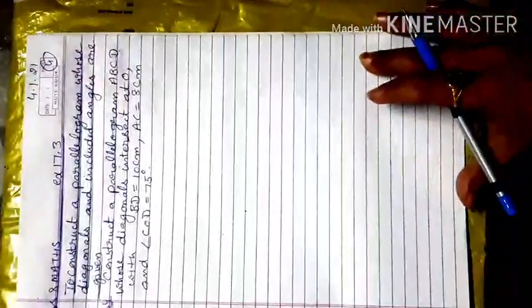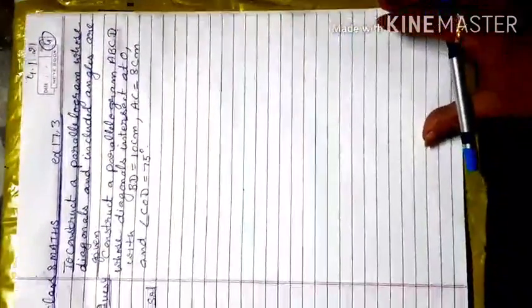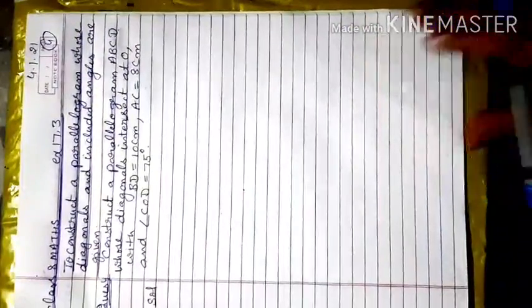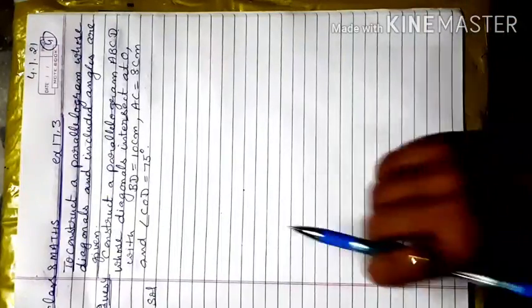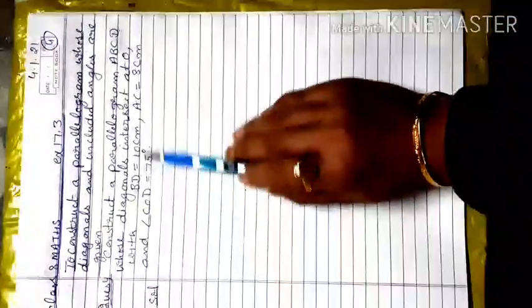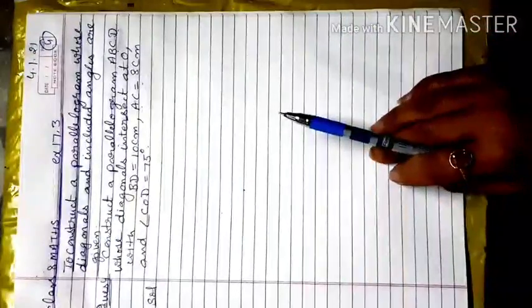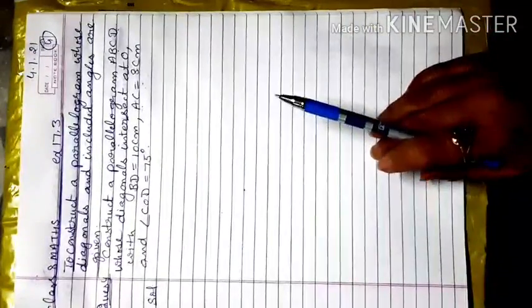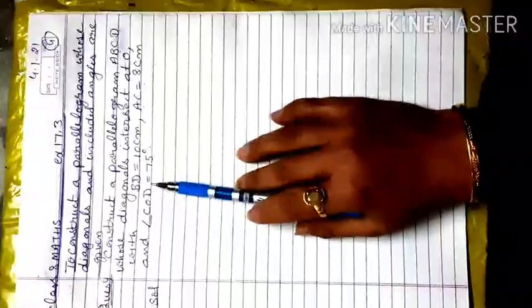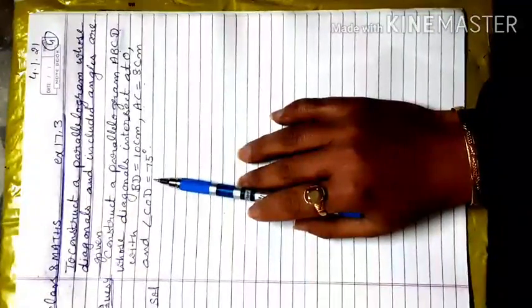Now next is to construct a parallelogram whose diagonals and including angle are given. If two diagonals are given, if you look at this BD and EC, non-consecutive alphabets, that means there are two diagonals, and the angle between the diagonals is given.